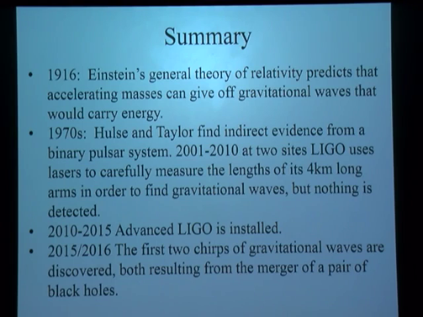Between 2010 and 2015, they souped it up. They created Advanced LIGO. And in 2015 and 2016, the first two verified, carefully tested, measured chirps of gravity waves were discovered, both of them caused by the orbiting, spin-together, spiral in, and merger of pairs of black holes somewhere in a galaxy about 1 billion light years away from us.